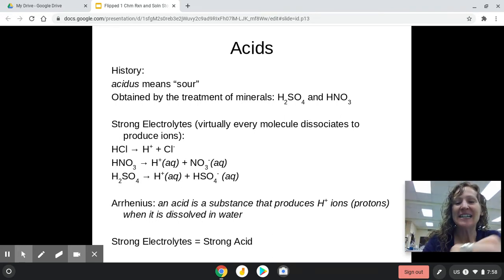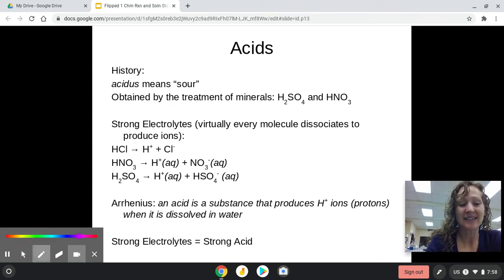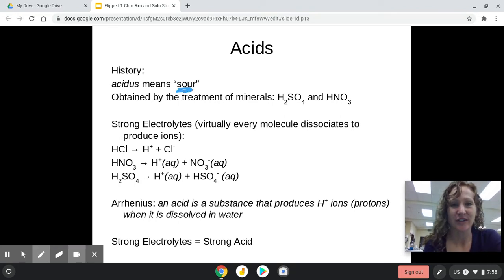Okay, so historically, the term acid came from the word sour, because that's how they identified acids at first. Acids are sour, right? You put them on your tongue and you get that sour, cringy feeling.